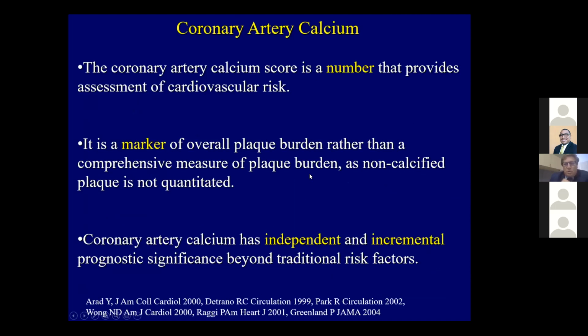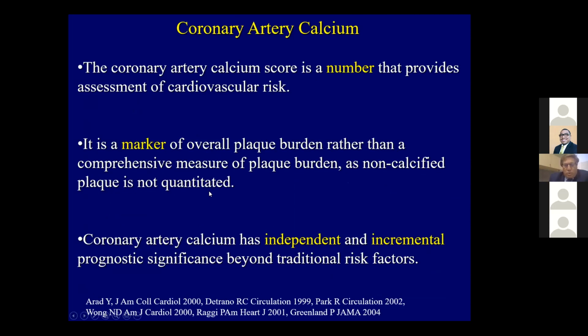So when we talk about coronary calcium, you need to think about it like an LDL or an HDL. Think of it as a number that confers risk. The coronary artery calcium score is a number that provides assessment of cardiovascular risk. It is a marker of overall plaque burden rather than a comprehensive measure of plaque burden, as non-calcified plaque is not quantitated.